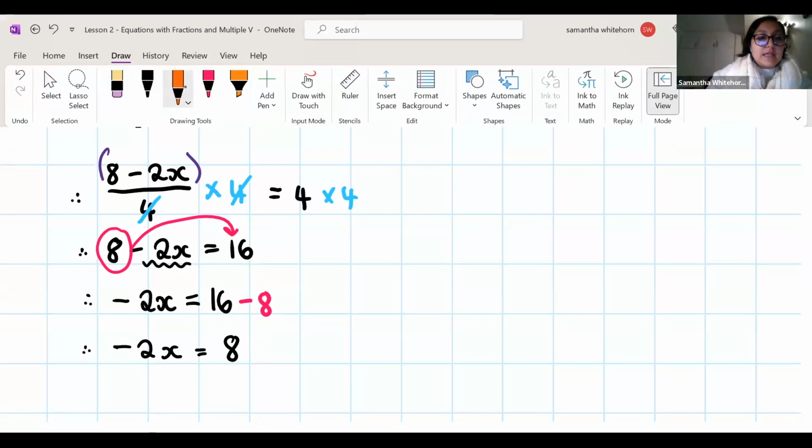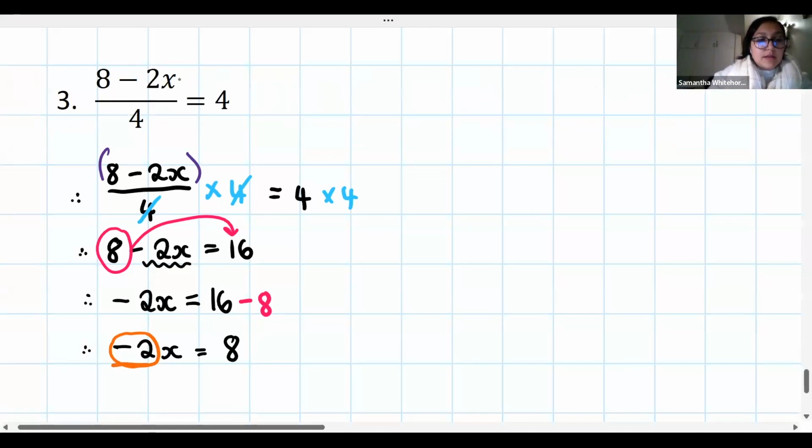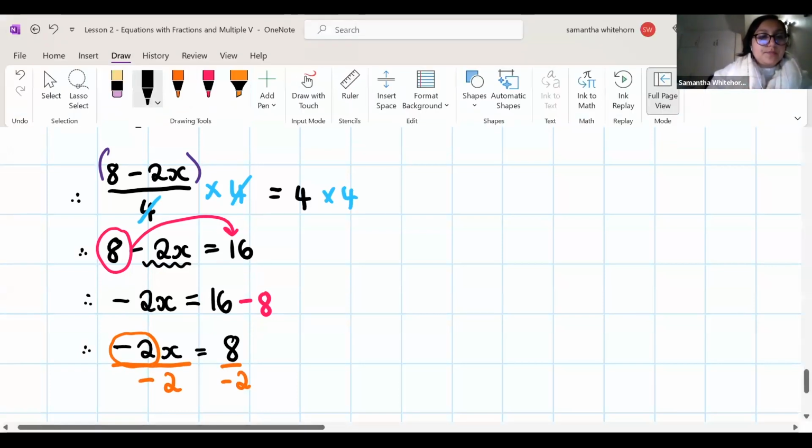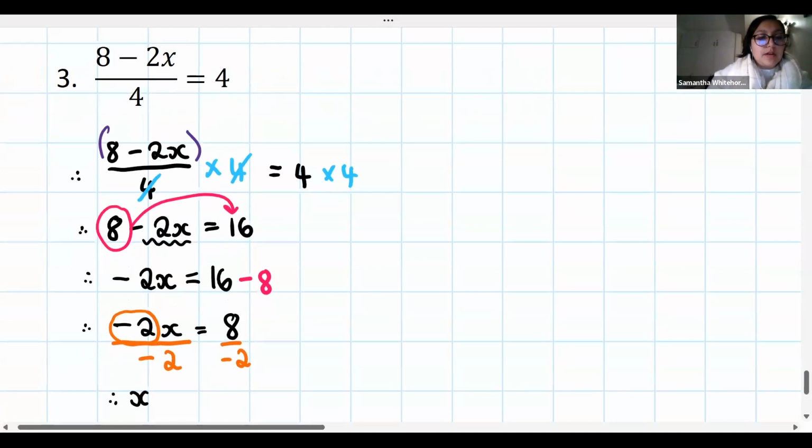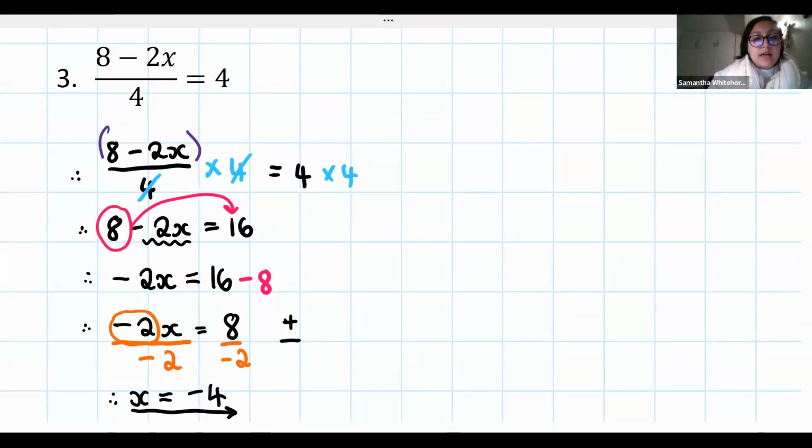And then I need to get that x alone. So I don't like that times negative 2. So that means I'm going to divide both sides by negative 2. And that results in my x value of negative 4. Now guys, careful, it is negative 4 because a positive divided by a negative is equal to a negative. Be very, very careful of your signs here.